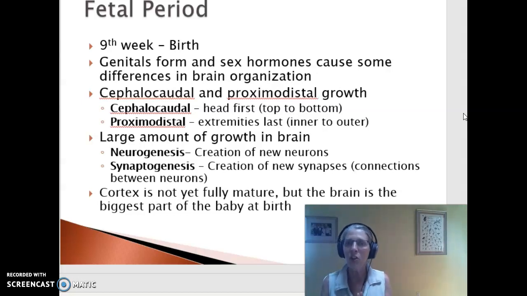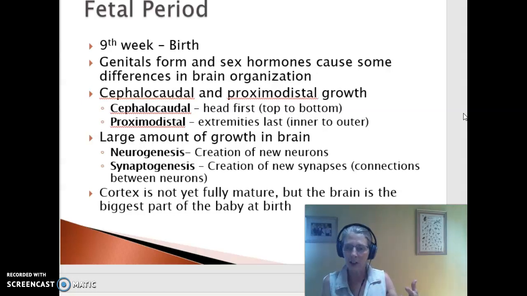Also synaptogenesis, which is creation of synapses. So synapse is that space between the neurons, and we'll talk more about neurons and synapses later. Need to know there's a little space. It's called the synapse, and it's basically where communication happens between neurons. So these connecting points, they don't actually touch, but these connecting areas are growing.